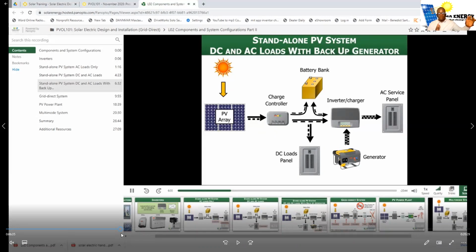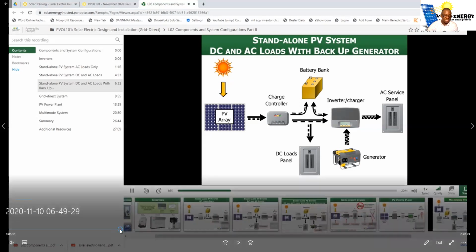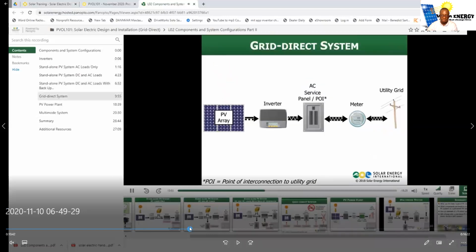So that's when you have your battery charging. So you can have a standby generator with a standalone PV system, DC and AC load, with backup generator. We will go into detail as we talk about these individually in later chapters.